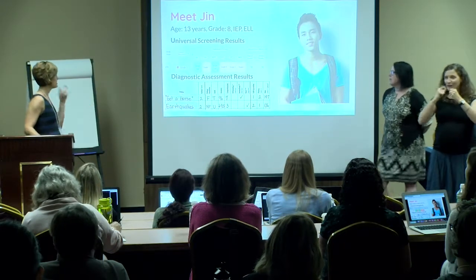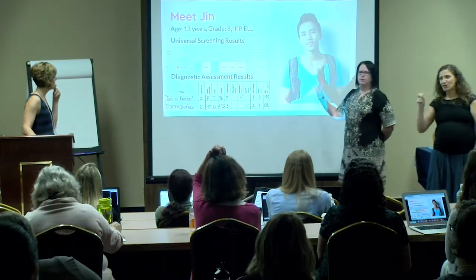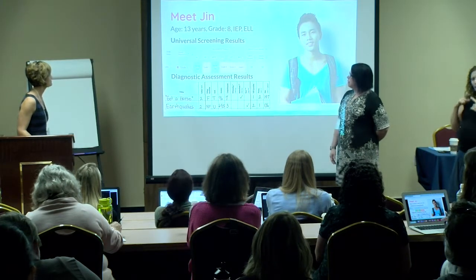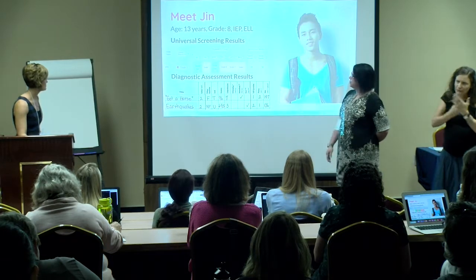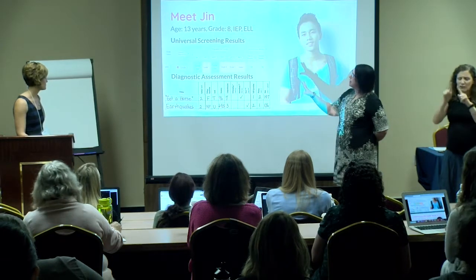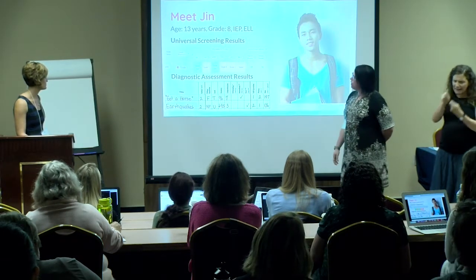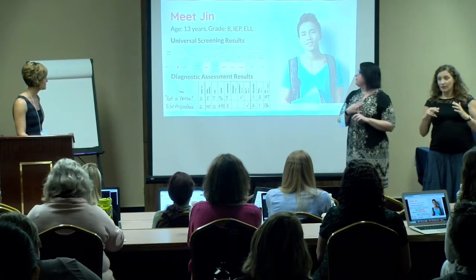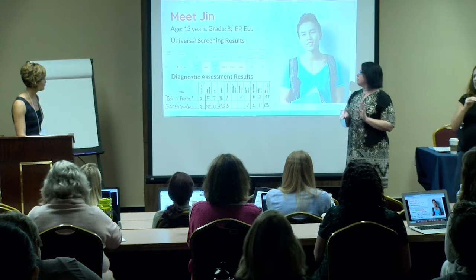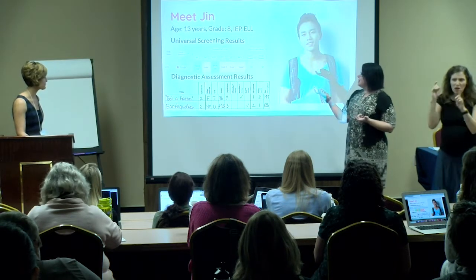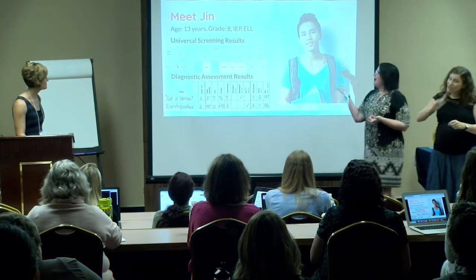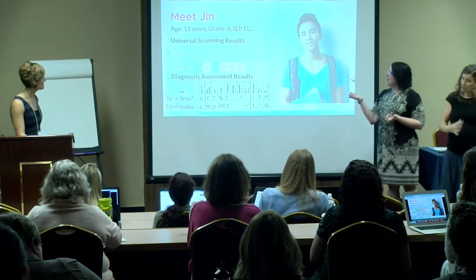And so the same thing, Jin was given a universal screener and then was given a BAS or a couple of BAS tests to drill down and see where the needs are. So Jin was scoring at an overall grade 3, tested out of phonemic awareness, was at a grade 1 for phonics, tested out of high frequency words, and then interestingly enough, and these are real scores for a student that we have, his vocabulary was at a grade 4.